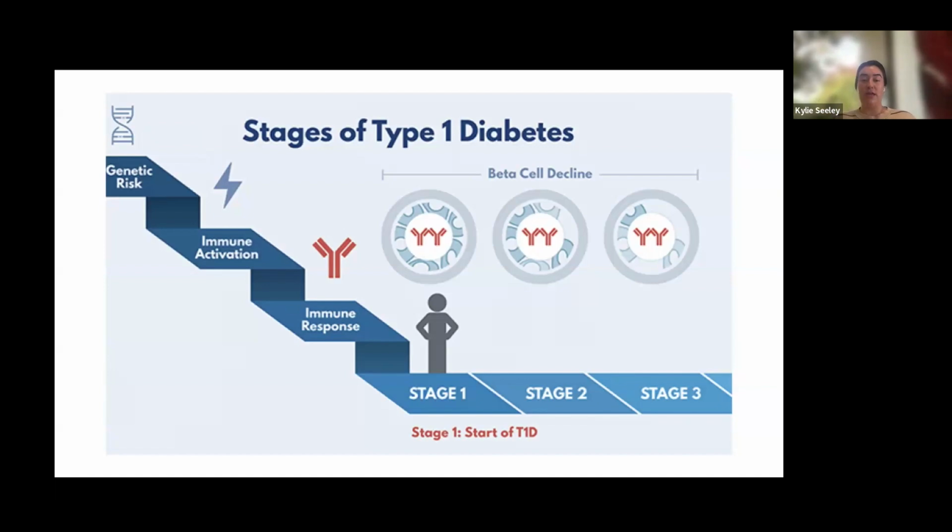This trigger could be a viral infection, but in most cases, we actually don't identify the exact cause. And once the immune system is activated against beta cells, the ability to produce insulin decreases until the body produces no insulin at all and is completely unable to process sugars. At that point, that's when we say the person has developed type 1 diabetes.